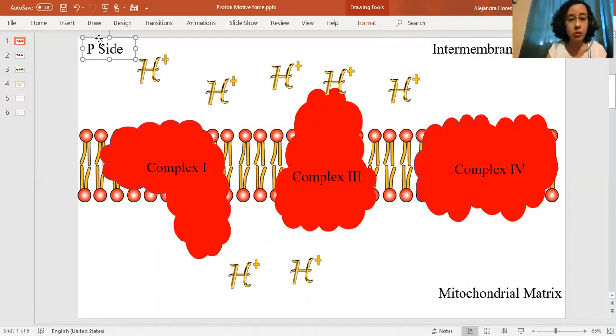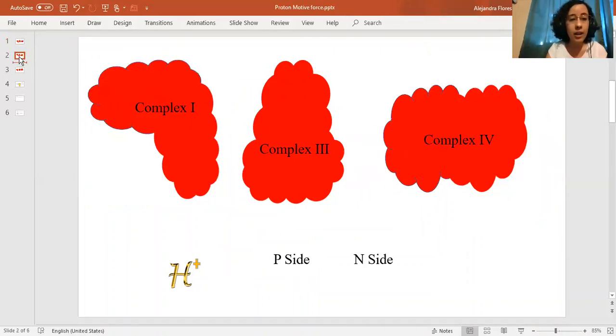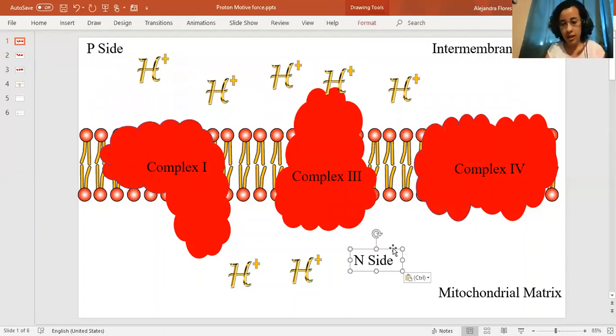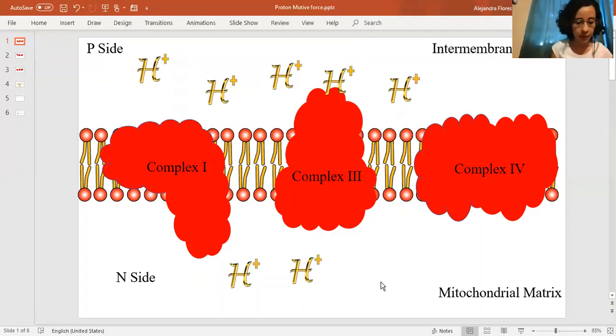Positive because the protons have a positive charge, and this is gonna make the intermembrane space positive. On the other hand, the mitochondrial matrix is gonna have few protons compared to the intermembrane space, so this is gonna leave it as the negative side.